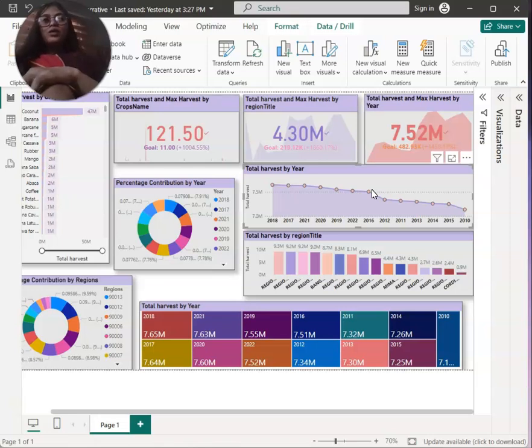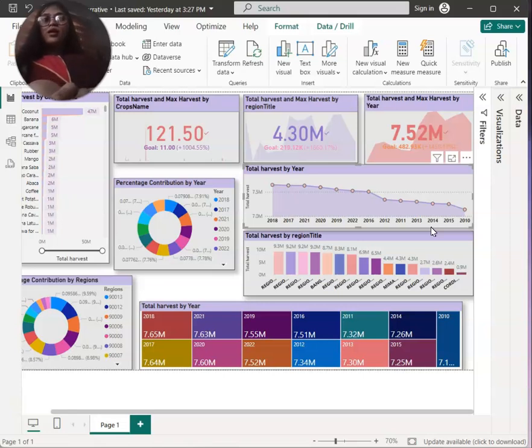So, as you can see, 2018 has the highest units, averaging 7.5 million units. And we have the lowest, which is 2010.